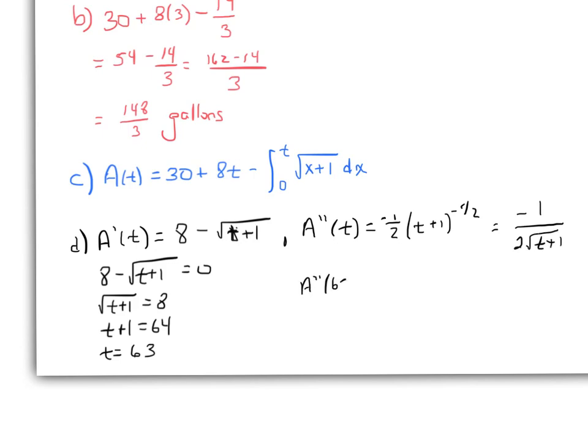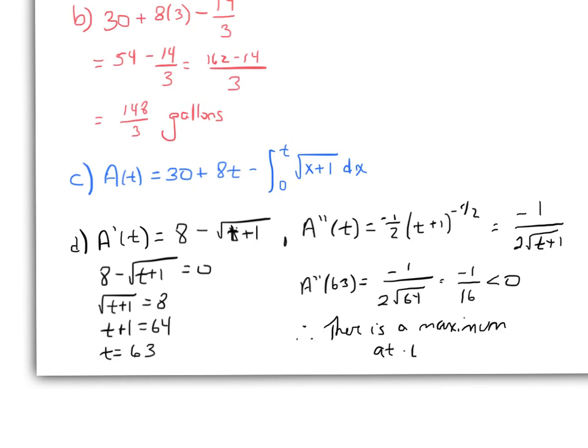So our second derivative at 63, we get radical 64, which is negative 1 over 16, which is negative. Therefore, we have a maximum. t equals 63.